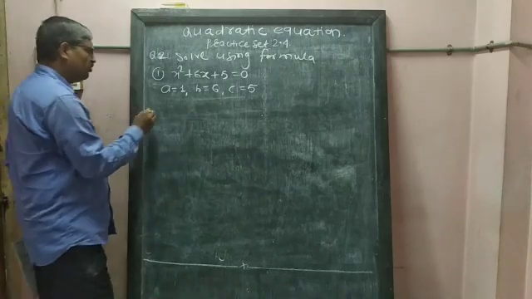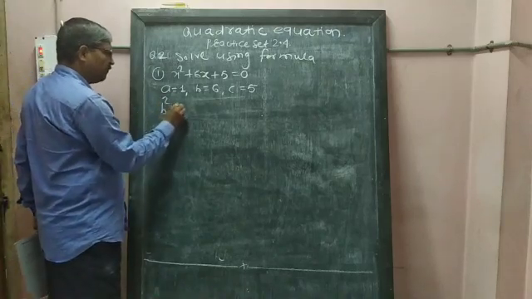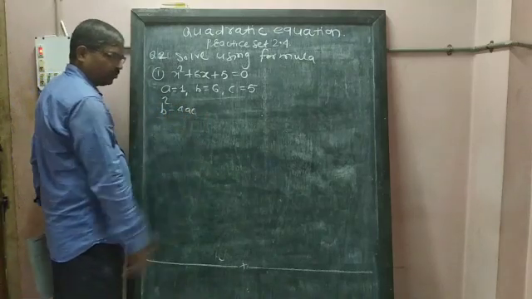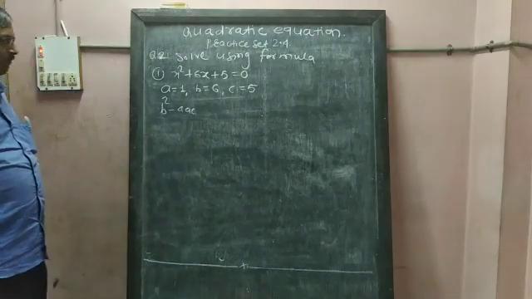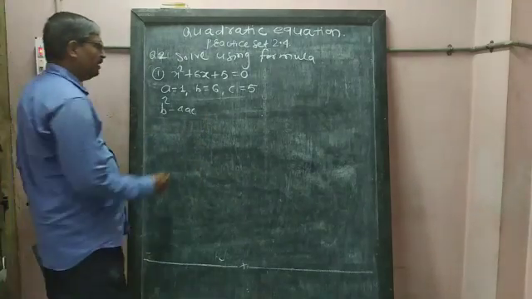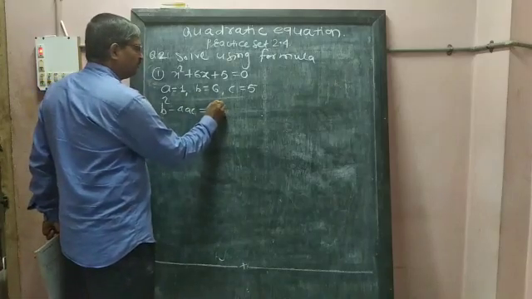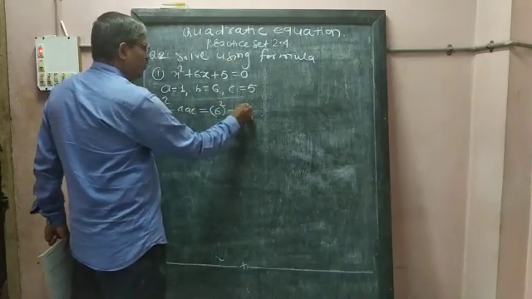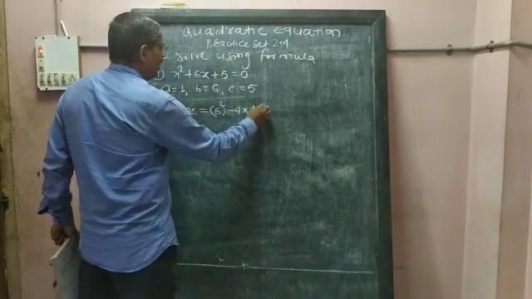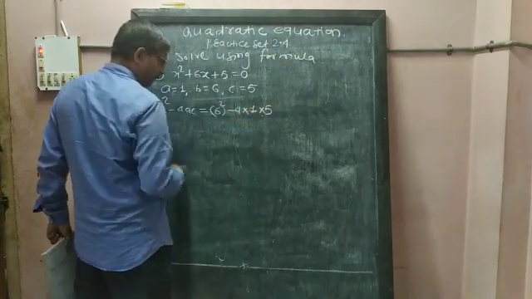Now here we should first find b square minus 4ac. What is b square? B square means 6 square, minus 4 into a means 1 and c means 5.